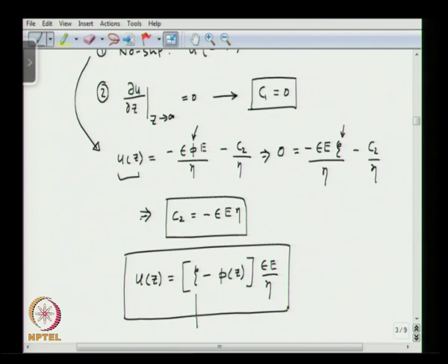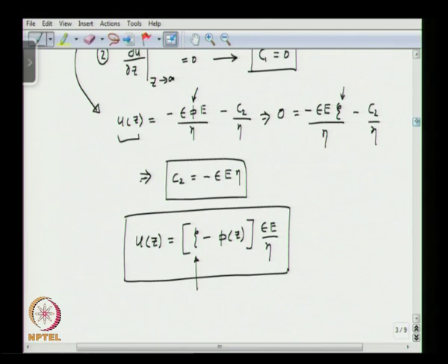So, it depends on the zeta potential. Higher the zeta potential, the velocity magnitude will be higher. It also depends on the electric field, is directly proportional to the electric field as well as the permittivity of the liquid, and it is inversely proportional to the viscosity.